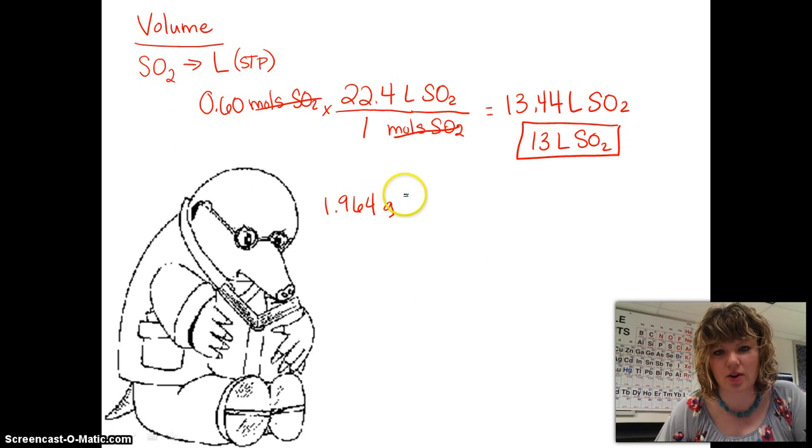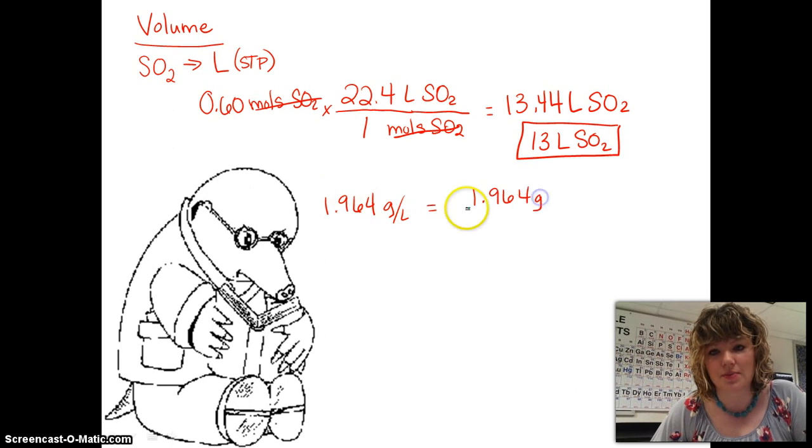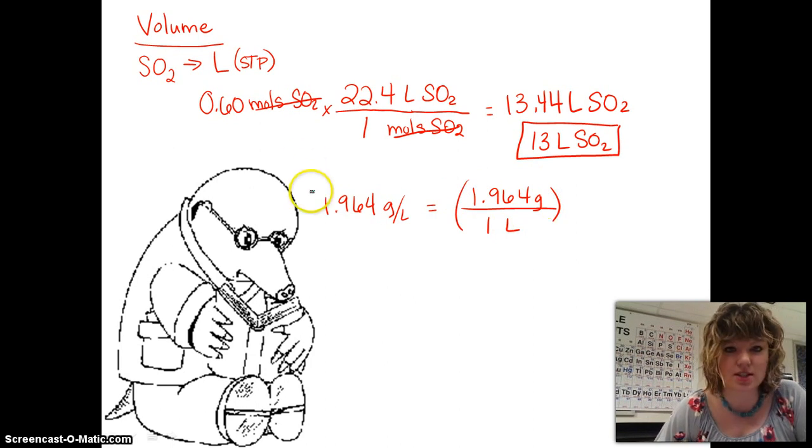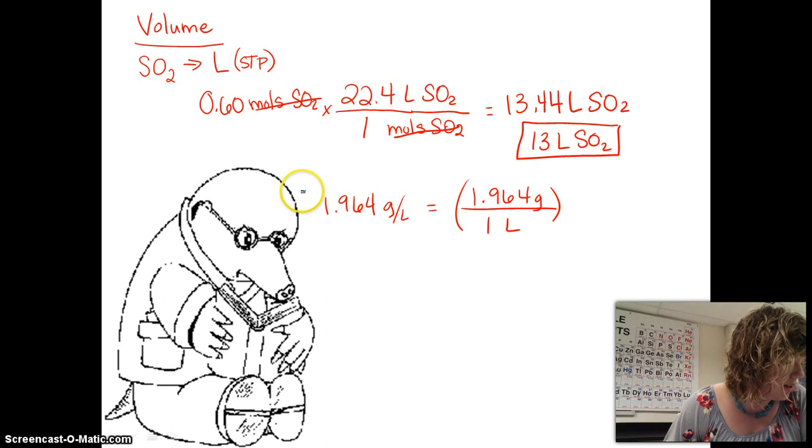As soon as I see that grams per liter, I just change it into a conversion factor whenever I'm doing dimensional analysis, because this is essentially the same thing, and it's more useful to us. So this is the density of something. And it says, what's the molar mass of the compound?